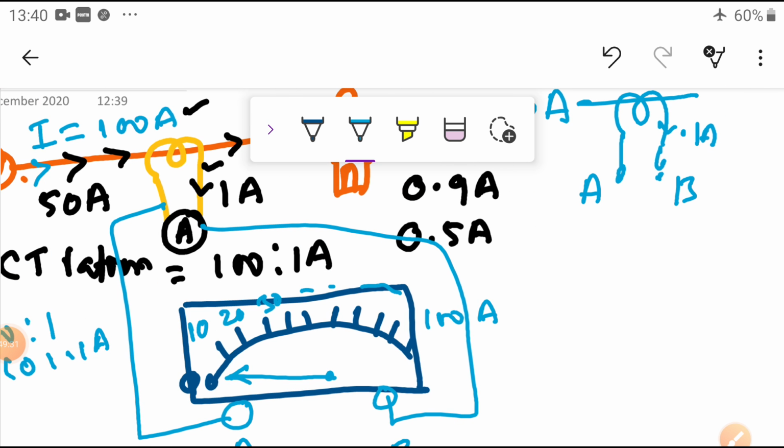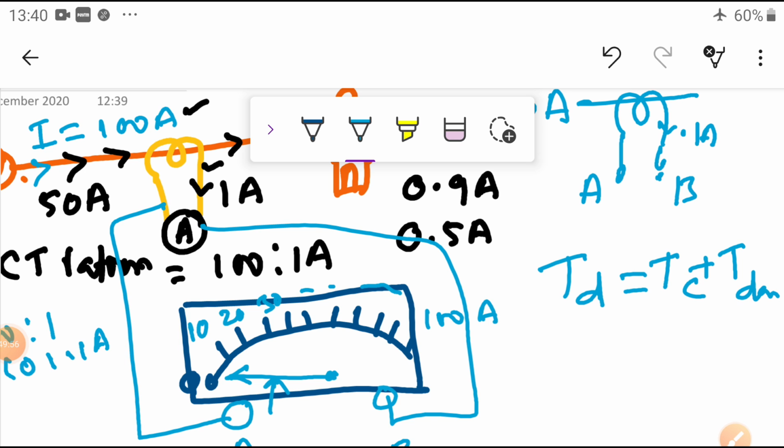Once A and B are connected to our instrument, it produces a deflecting torque. Already we have seen TD, the deflecting torque, and due to it the pointer will move. At the same time, the controlling torque and damping torque oppose this deflecting torque.